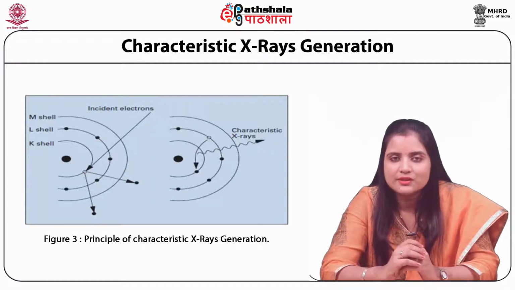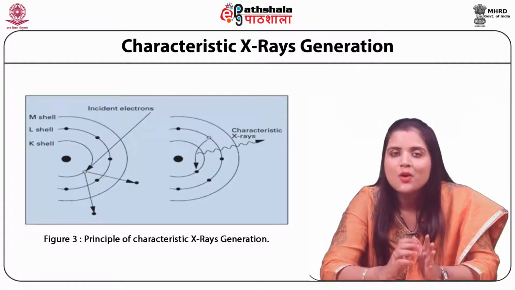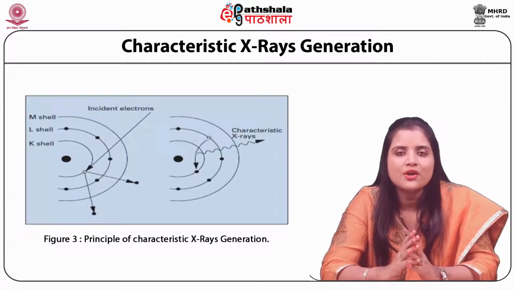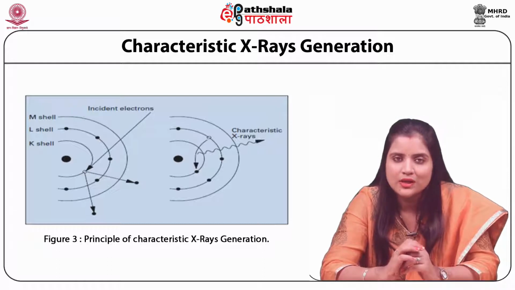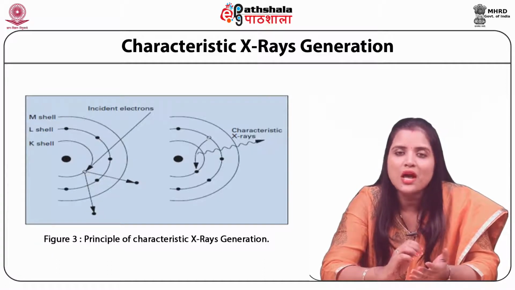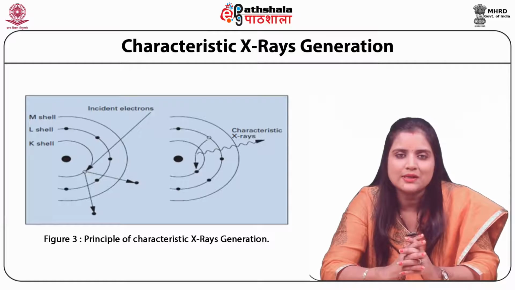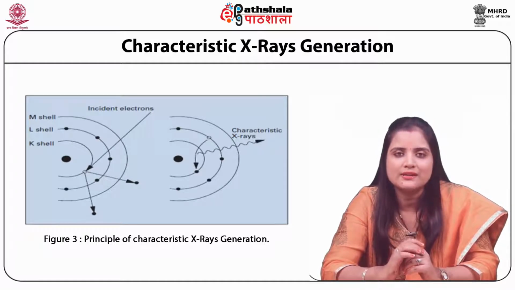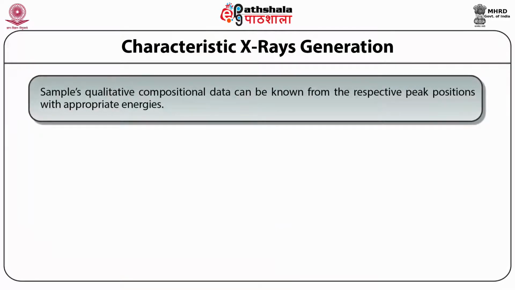Different types of X-rays are emitted when incident electrons strike the atomic nucleus, and these are known as continuous X-rays, white X-rays, and background X-rays. In samples, qualitative compositional data can be known from the respective peak positions with appropriate energies.